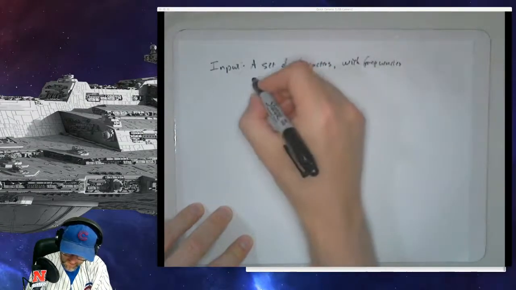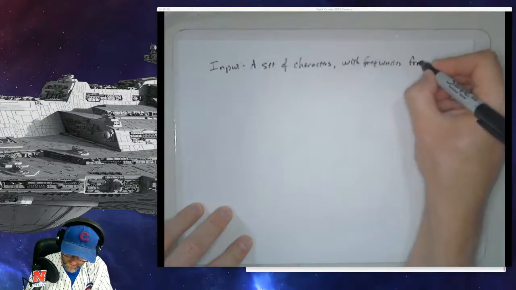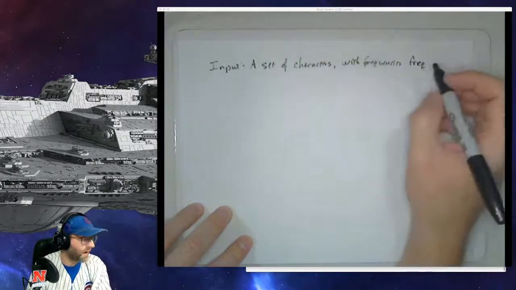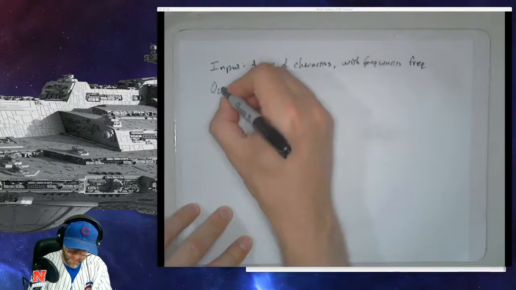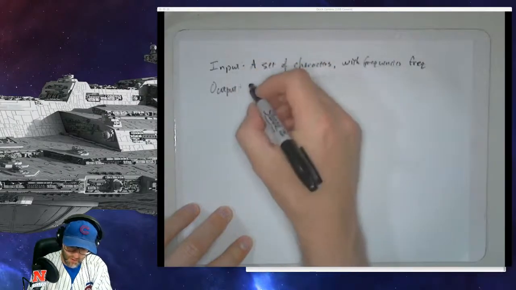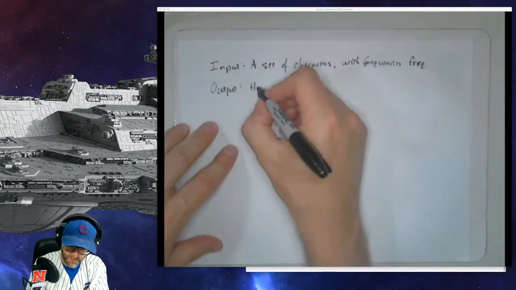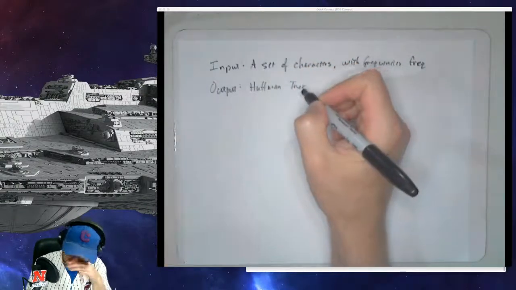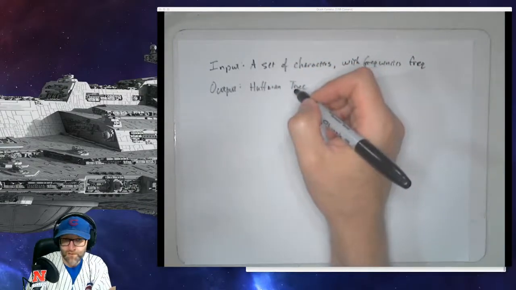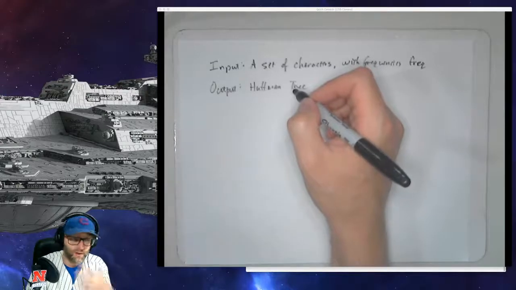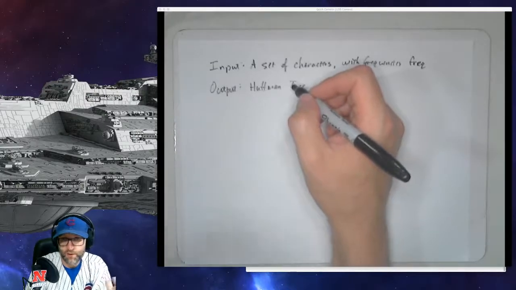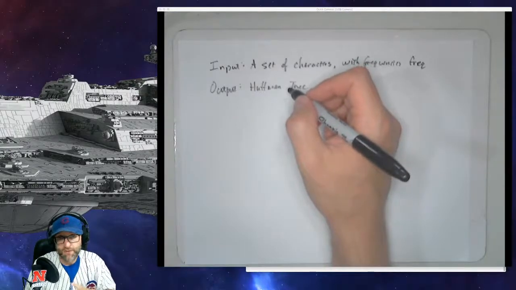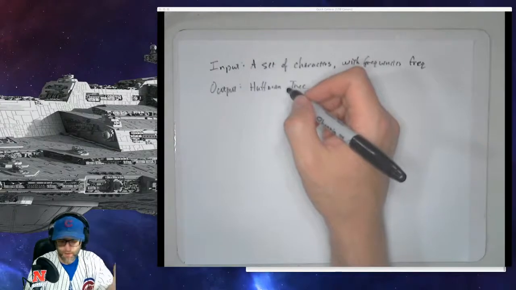I'll just say that that's FREQ. And we'll output not a Huffman code, but a Huffman tree. Then you can build the code words from that tree, either by doing a standard tree traversal, pre, in, or post order traversal starting at the root, or you can keep track of all the leaves and then just go from the root up to the parent for each one.